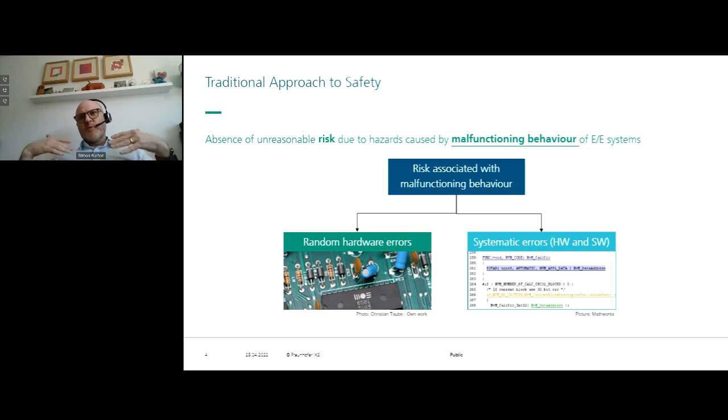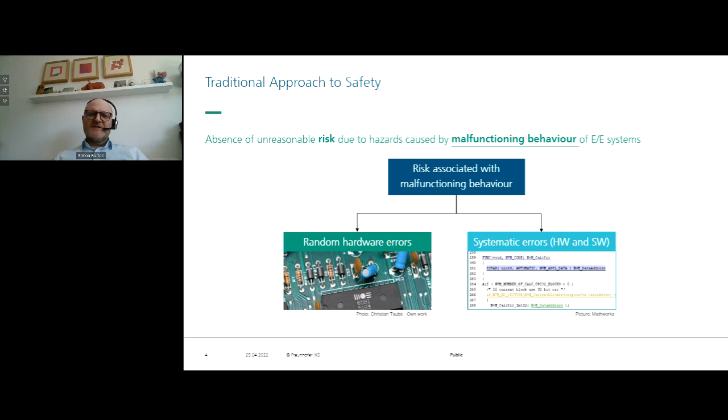If we go back to the classic understanding of functional safety of embedded systems as we see in the automotive area, Jyotika already mentioned the ISO 26262 standard, which talks about functional safety.